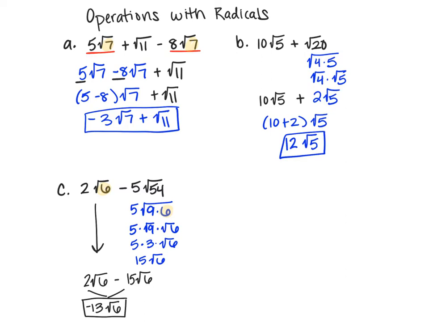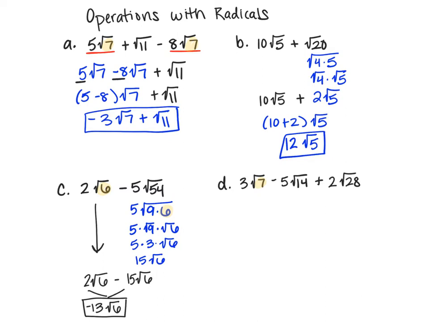Okay, we're going to try one more that may be a little bit more difficult. So it's going to be 3 root 7 minus 5 root 14 plus 2 root 28. For this one, the root 7 is in its simplest form, and I know that 14 and 28 both have a factor of 7, so I'm going to try and rewrite those as root 7s.